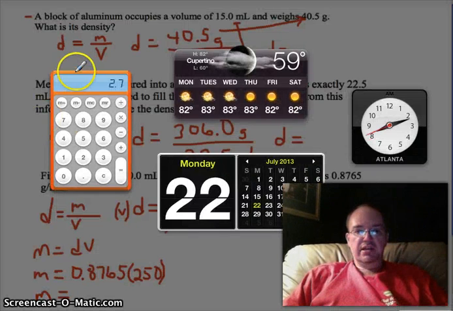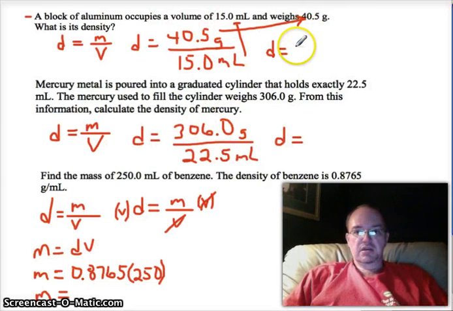So take our handy dandy calculator out, and we have 40.5 divided by 15.0 equals, yes, 2.7.